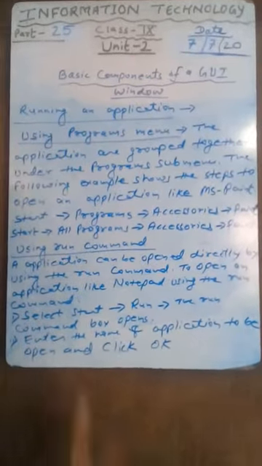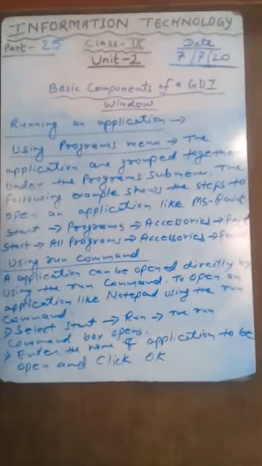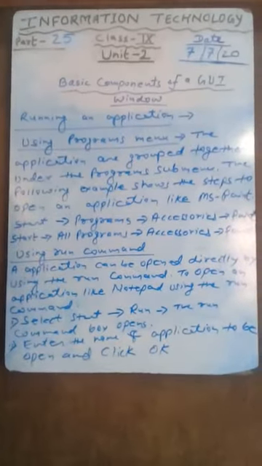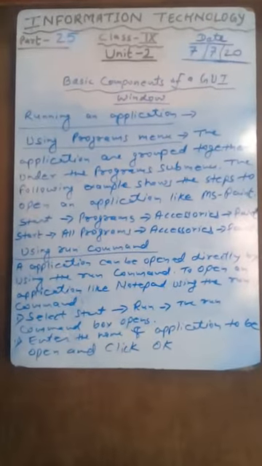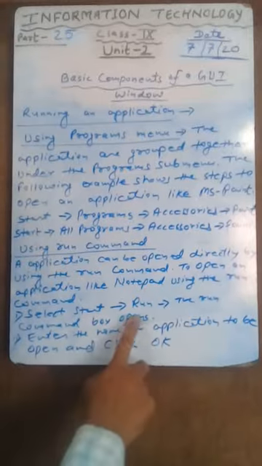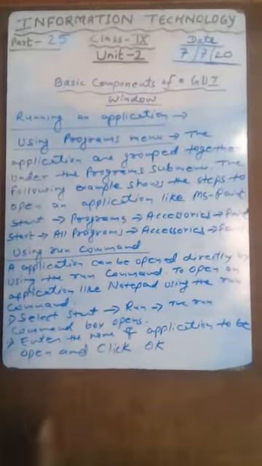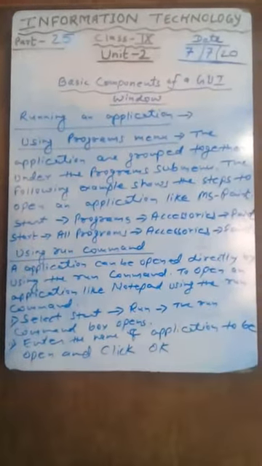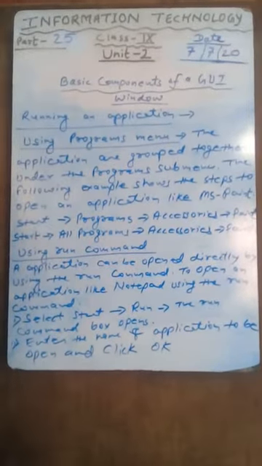And now we can follow the steps to open a program using the Run command. First of all, we select Start, then Run. The Run command box opens. Enter the name of the application to be opened.